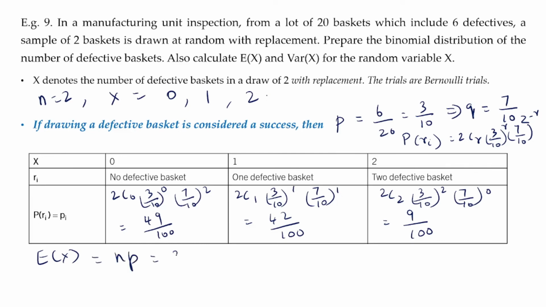Here n is 2 and p is 3 by 10, so this is equal to 0.6. Then variance of x is equal to npq. Here n is 2, p is 3 by 10 and q is 7 by 10, so it is 0.42.